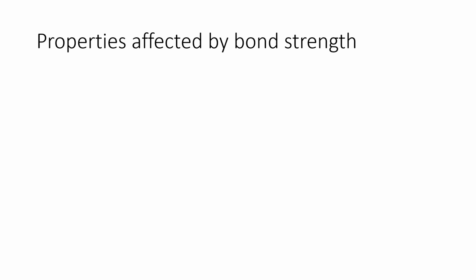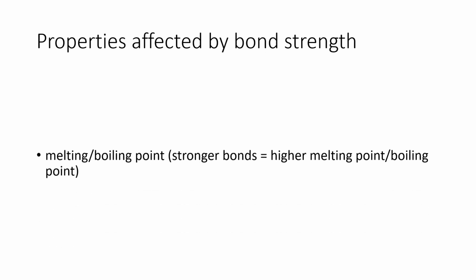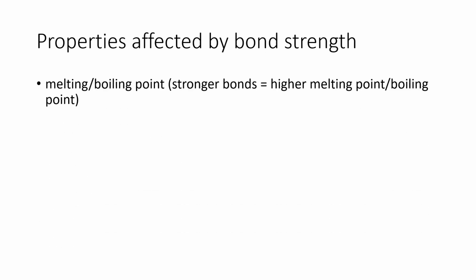So, properties affected by bond strength. One of the things is melting point or boiling point. If you looked at the second slide, I did talk a little bit about melting or boiling point. Whenever you have stronger bonds, that means you have a higher melting point or higher boiling point.